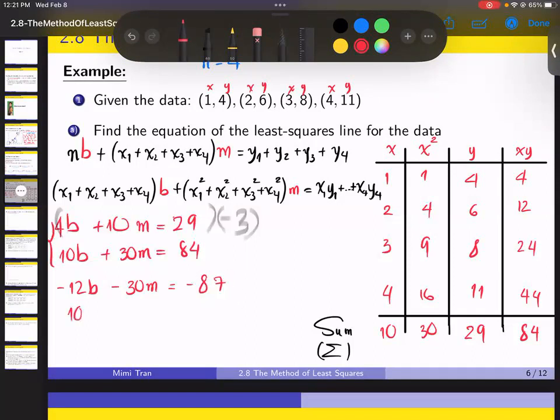And then rewrite the bottom equation. Let me add. Negative 12b plus 10b is negative 2b.